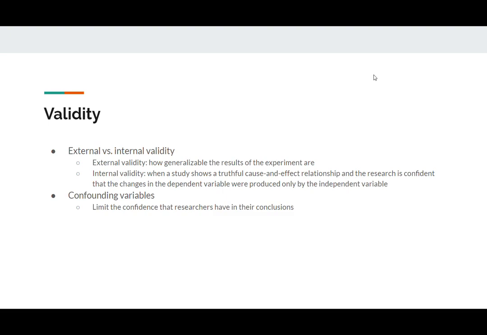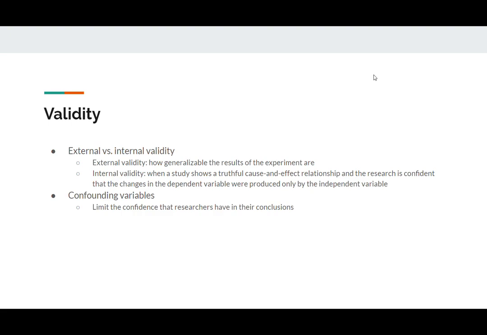The third one that we introduce here is experimental, and its purpose is to explore cause and effect. It manipulates one or more variables, uses random assignment, and manipulates the independent variable, which is the thing they're going to be tested on.